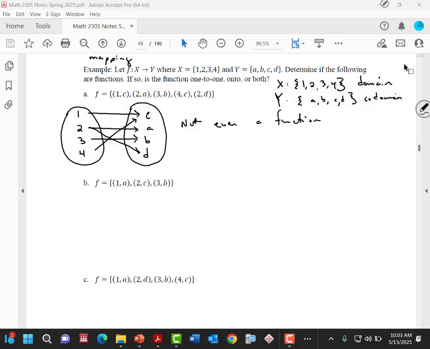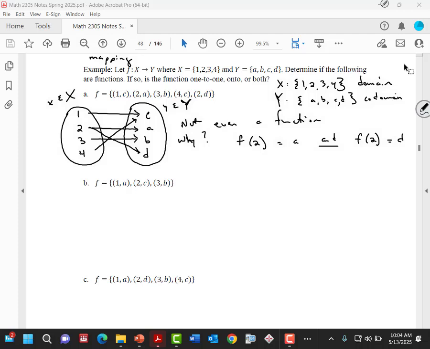The reason is that the function evaluated at 2 outputs an A, and the function evaluated at 2 outputs a D. The basic definition of a function means that each element X in the domain must relate to only one element Y in the codomain. So this is not a function.